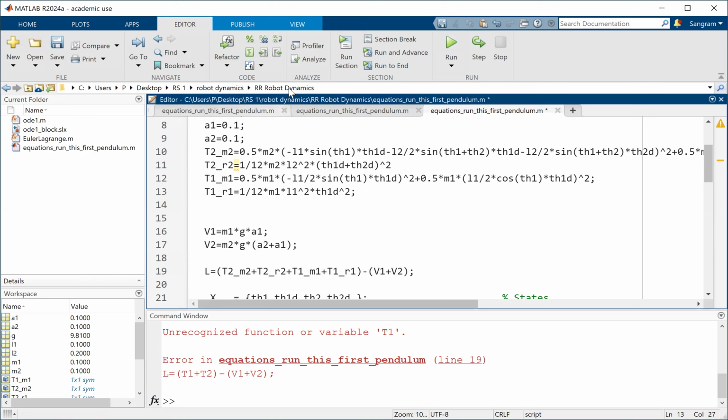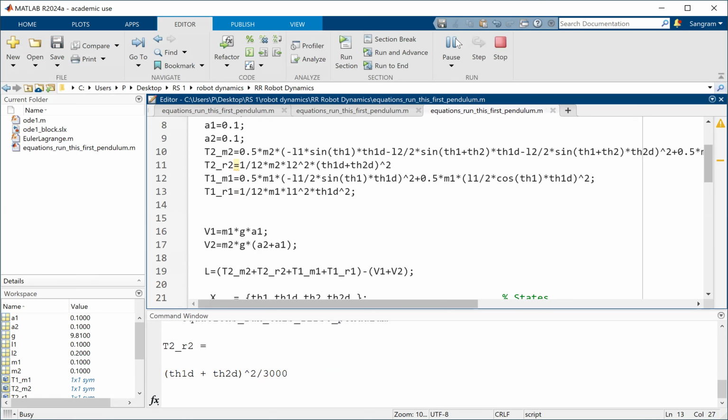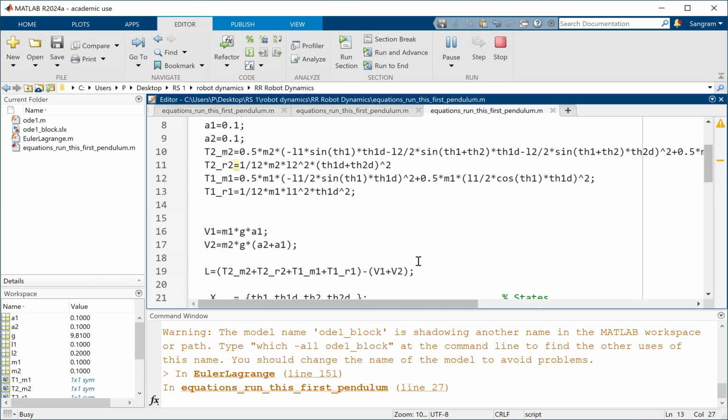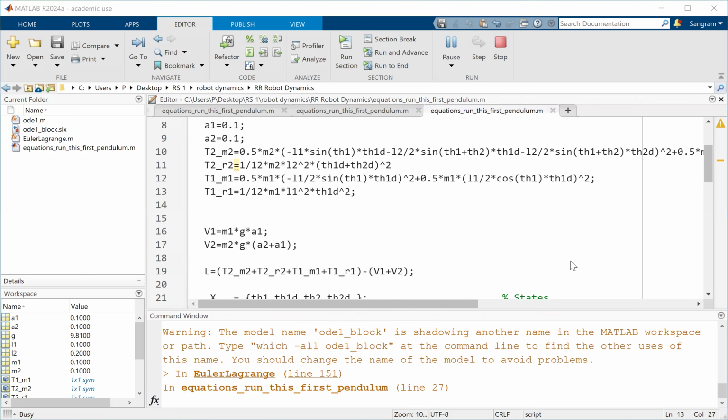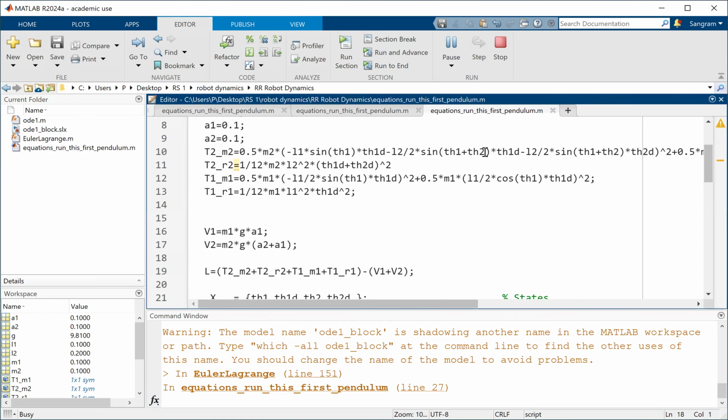Good. And then the code will run, and then it will give you the plots. So you have to modify the code to get the answers.